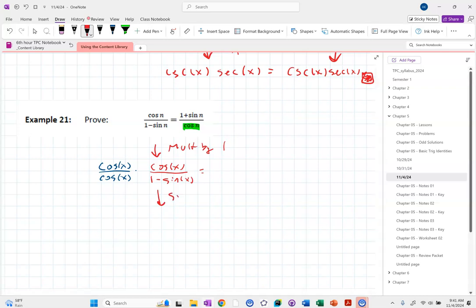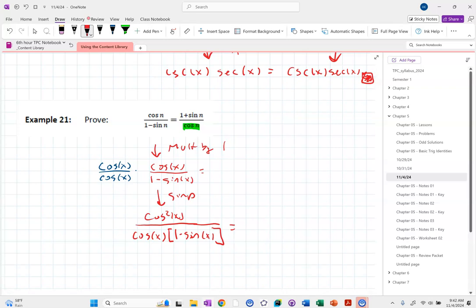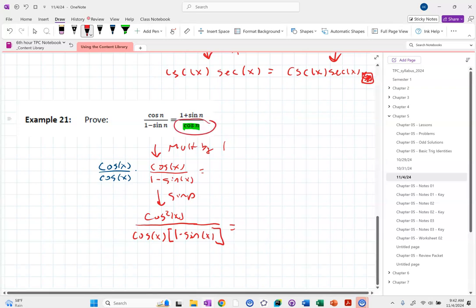If I simplify things, the numerator is going to be cosine squared. And the denominator, I don't really ever multiply a denominator out when I multiply fractions, unless I have a good reason to do it. So I'm just going to leave that denominator in a factored form. Because I know to get where I'm trying to go, that 1 minus sine is going to have to cancel out sometime along the way, right?